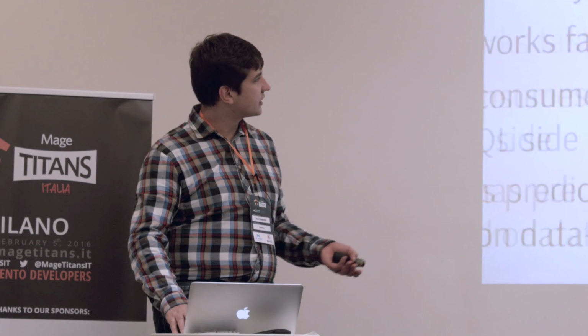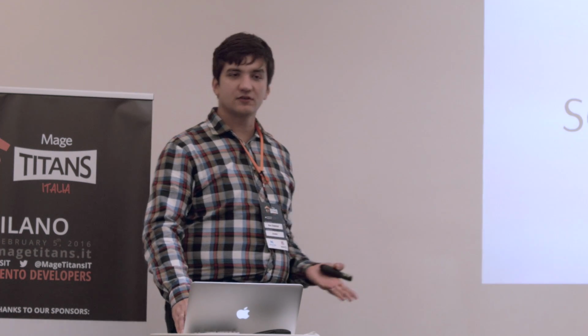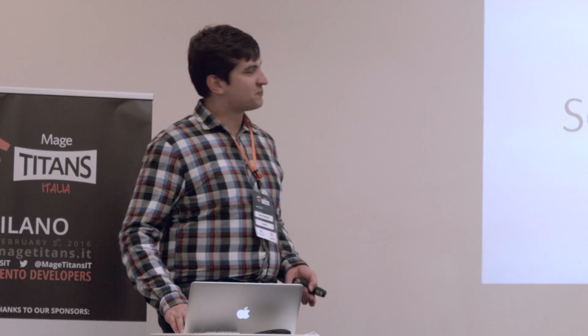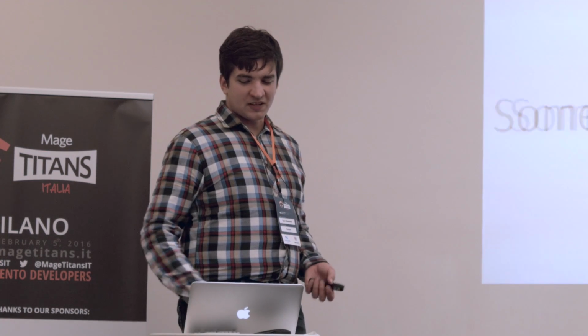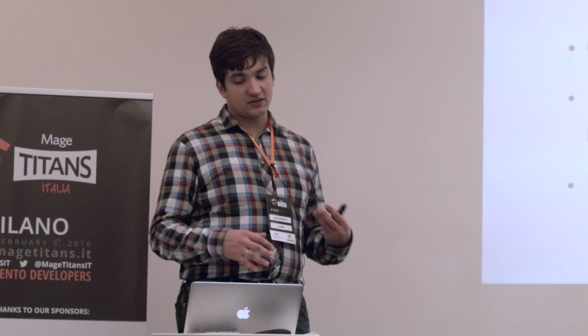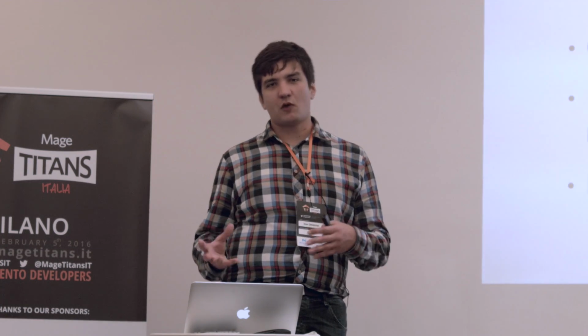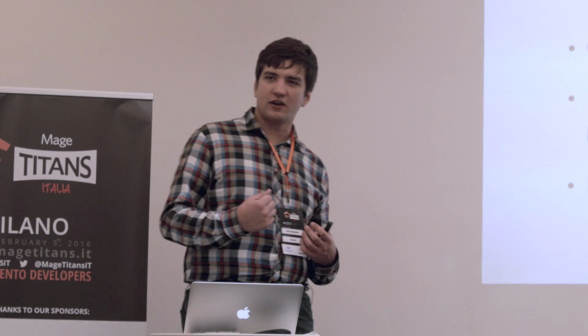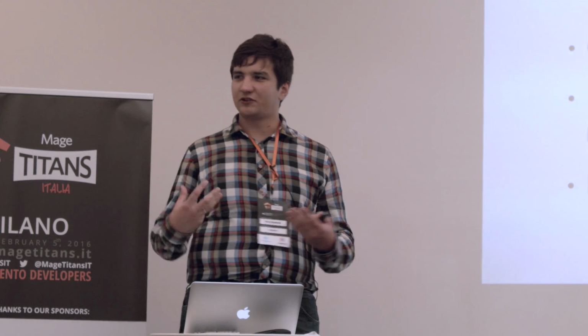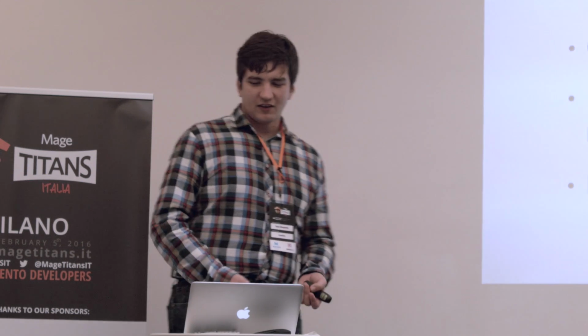So let's take a look at some boring numbers. I like to use numbers in my presentations. So some boring numbers are here, based on the Magento 2 framework. I actually did a very strange thing. I took out the Magento framework and used its components without actually using Magento 2 itself.